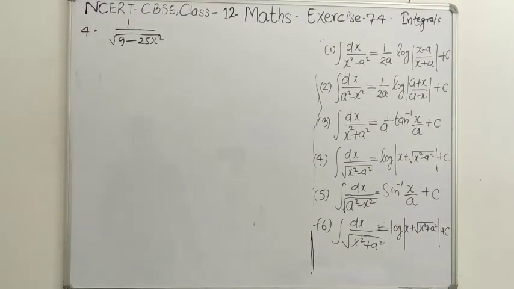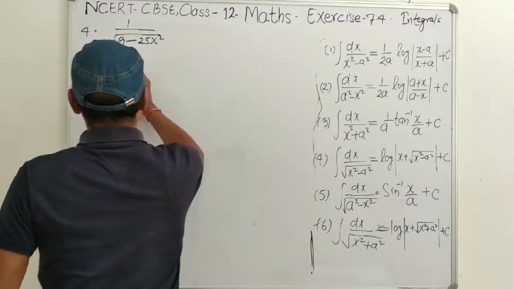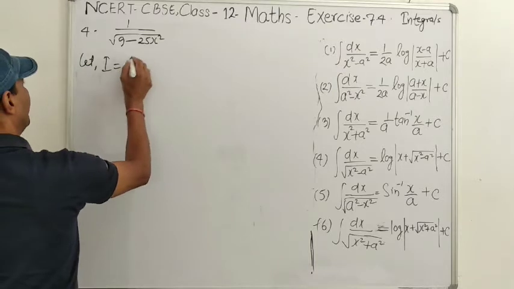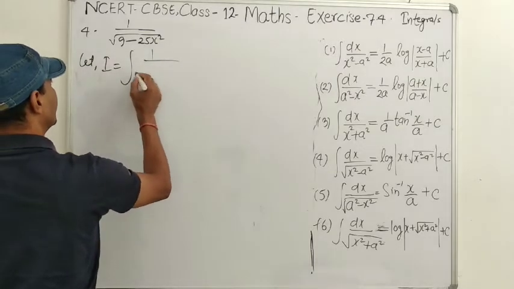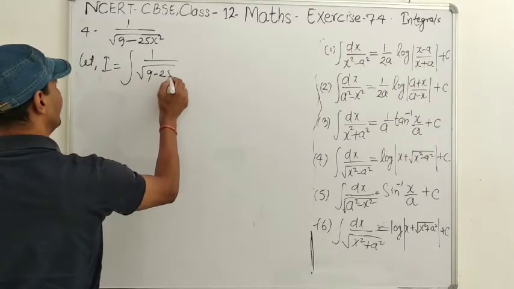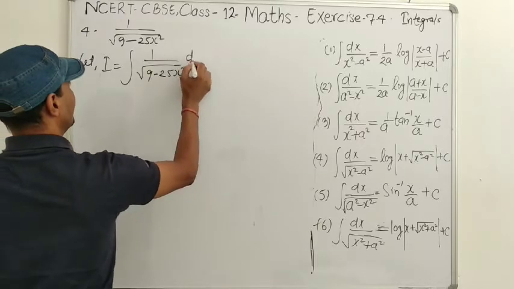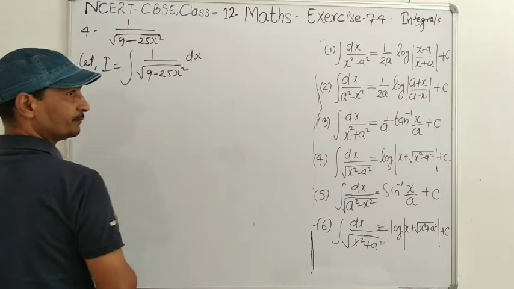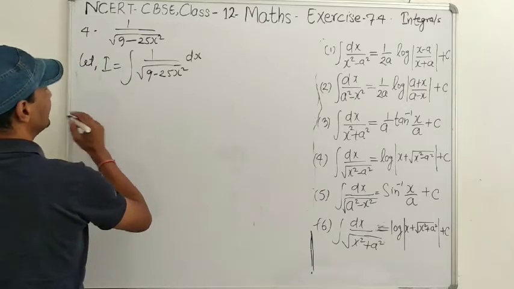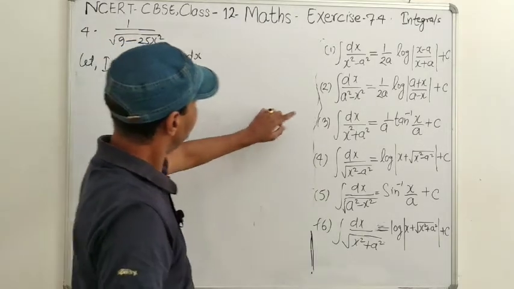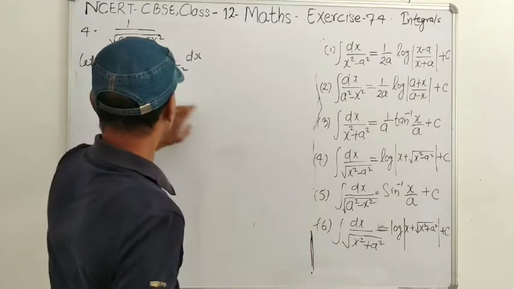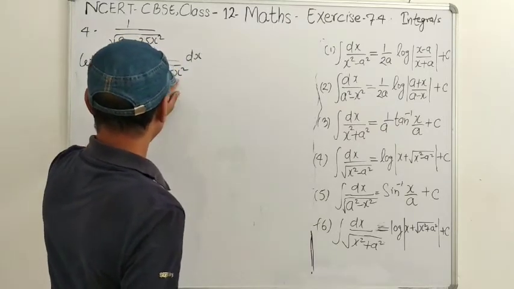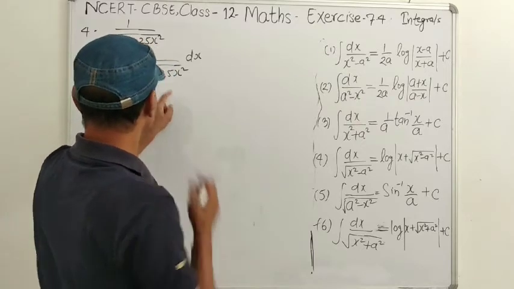Now number 4 is 1 by root over 9 minus 25x square. So let y equal to 1 by root over 9 minus 25x square dx. We should try to make the formula applicable here, root over a square minus x square.